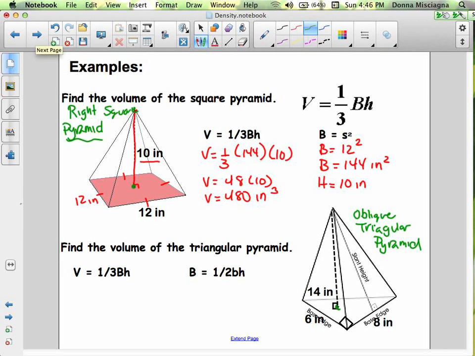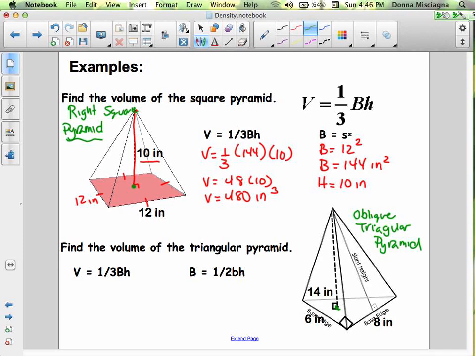So the only way you're going to have a triangular pyramid that's right is if the base is either an isosceles or equilateral triangle. This one is a right triangle, which is good because it makes it easy to find the area of the base. So we want to find the volume of the triangular pyramid, and this is a pyramid whose base is a right triangle.